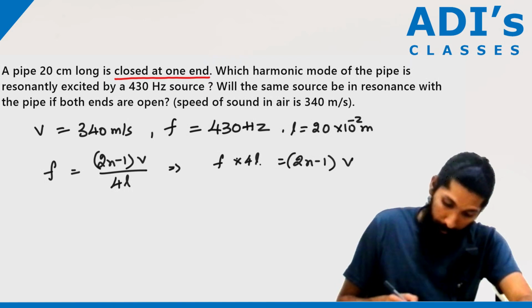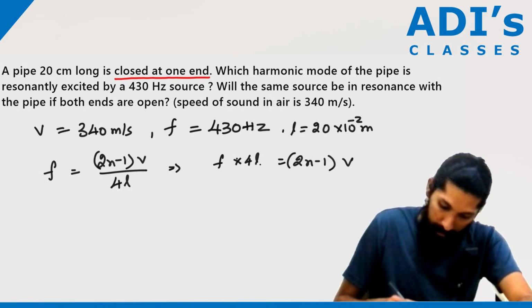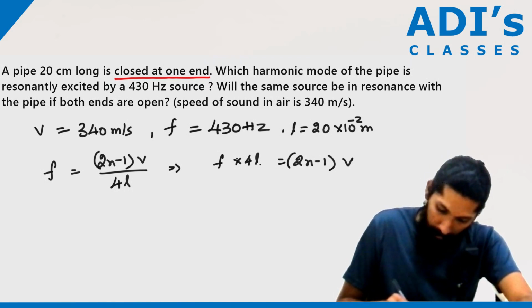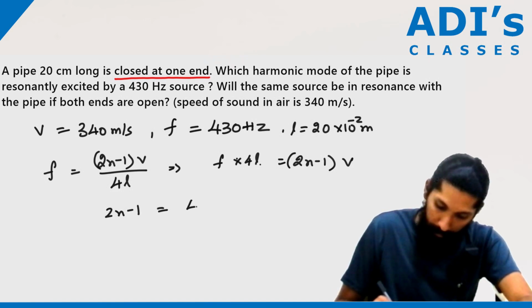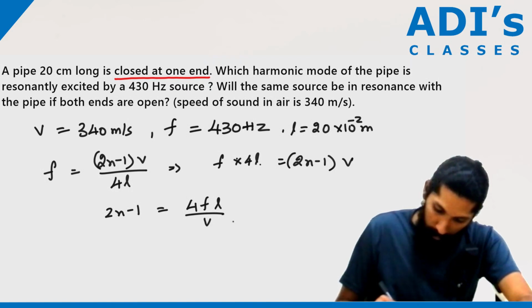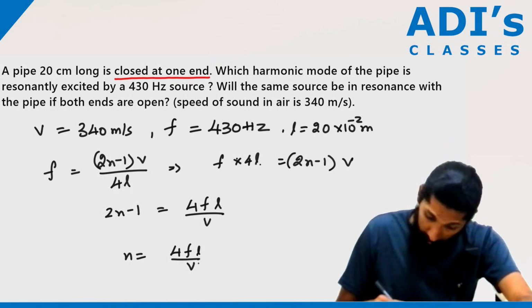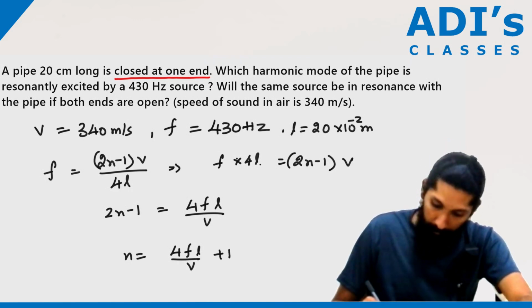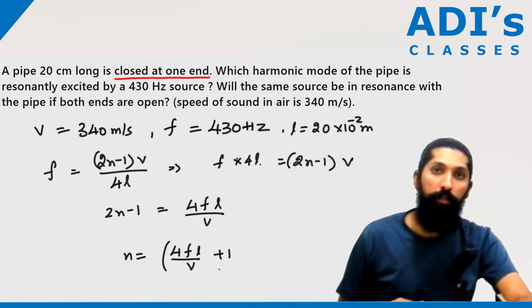Or, 2n minus 1 is equal to 4fL divided by v. Or, n is equal to 4fL by v plus 1, the whole thing multiplied by half. This is going to be the value of n.